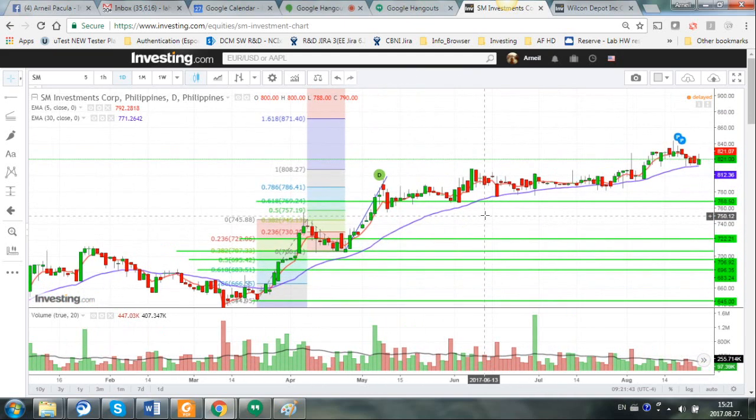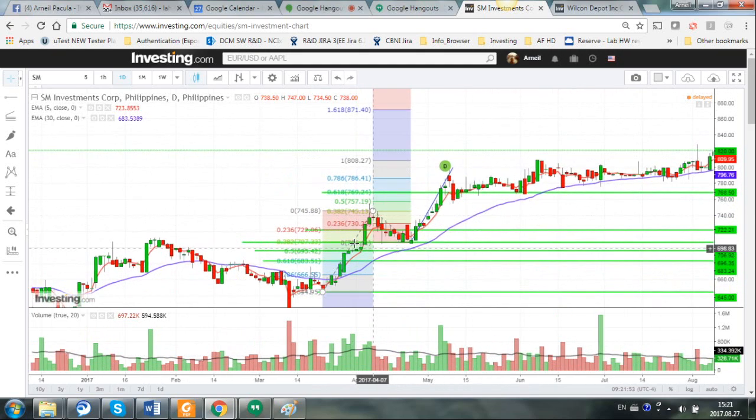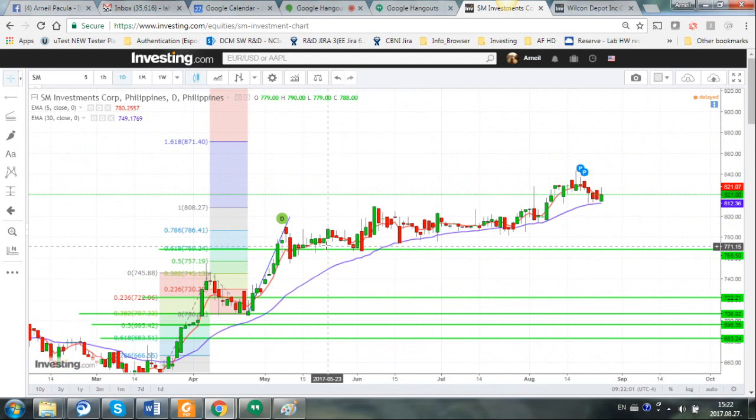So, for me, this is more reliable than just relying on Fibonacci. In case of selling, pero ang Fibonacci retracement, maganda talaga gamitin to determine saan siya magbabounce back. But in selling, this moving average is really one of the best. Okay, so ngayon, there is no sell signal yet.